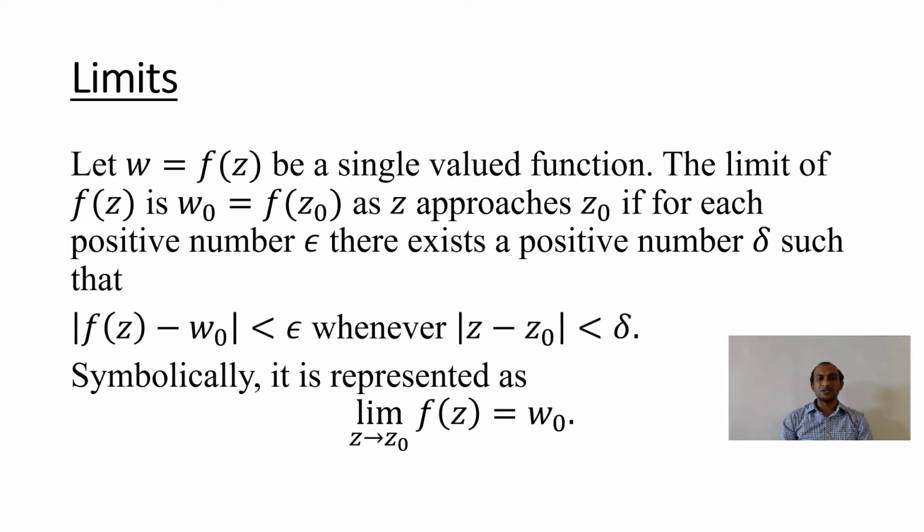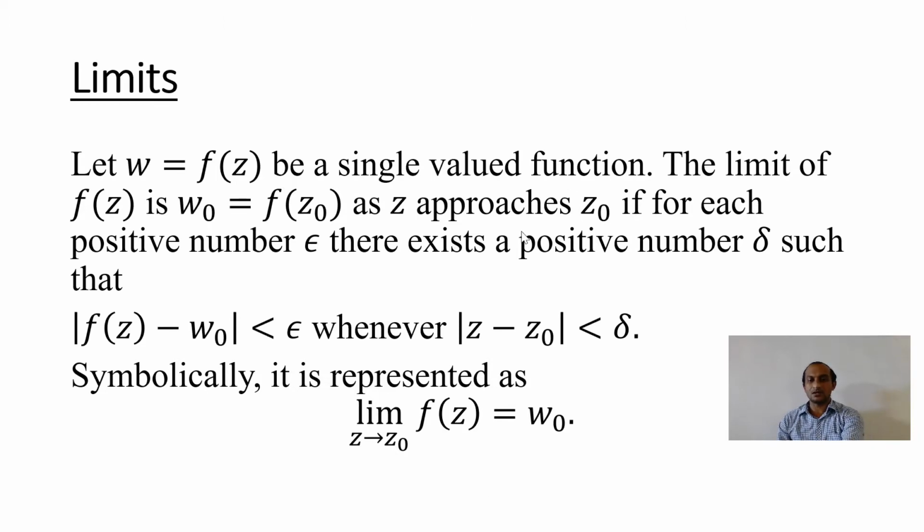If z is inside the circle with center z0 and radius less than delta, then f of z is inside the circle with center w0 and radius less than epsilon. Symbolically, this definition of the limit is represented as limit z tends to z0 of f of z equal to w0, that means z approaches z0, then f of z approaches w0.